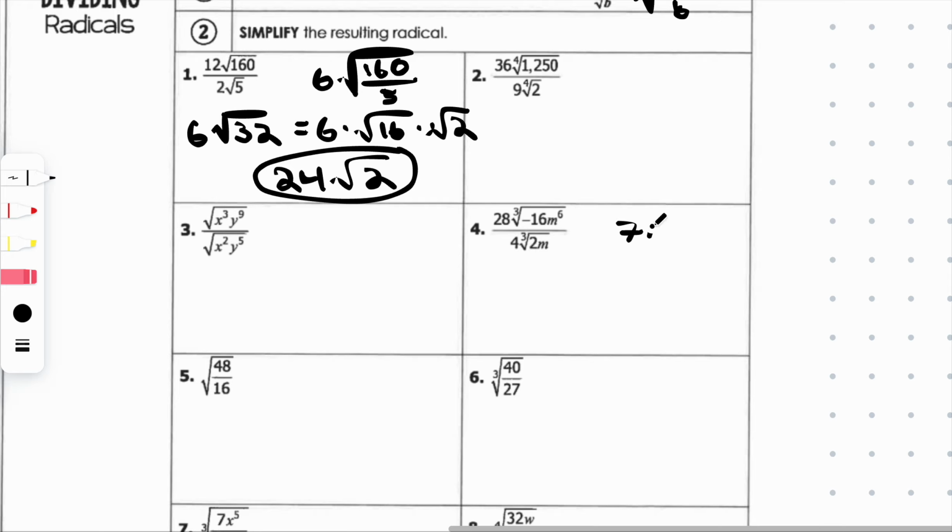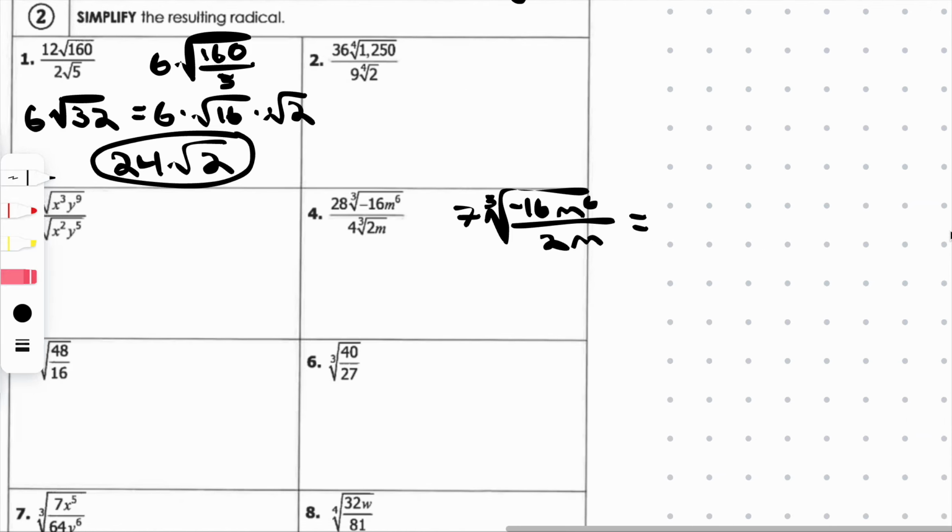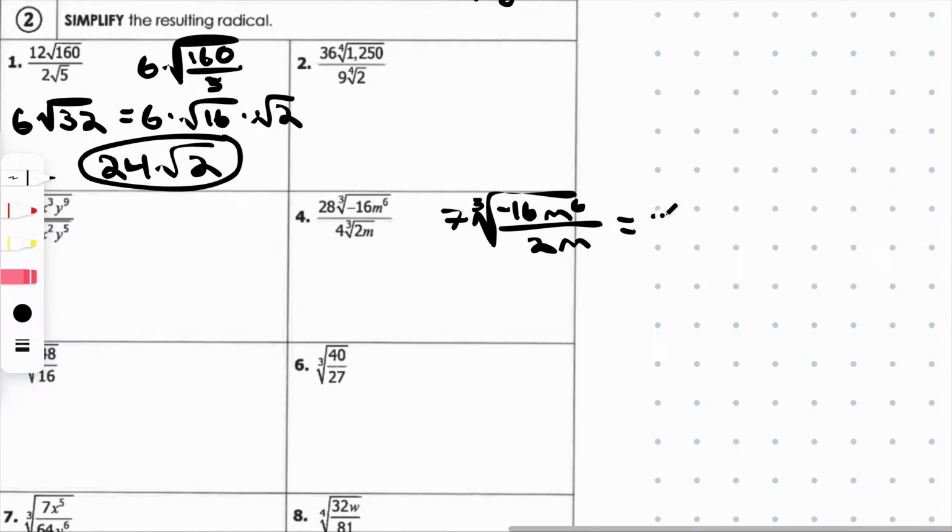So using our quotient rule, I'm going to write the third root of negative 16 m to the 6th over 2m. So I'm going to keep on writing this off to the side. I'm going to keep the 7 on the outside, right? We're just going to keep that.